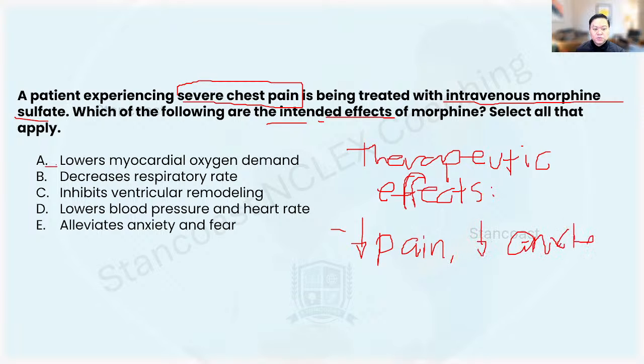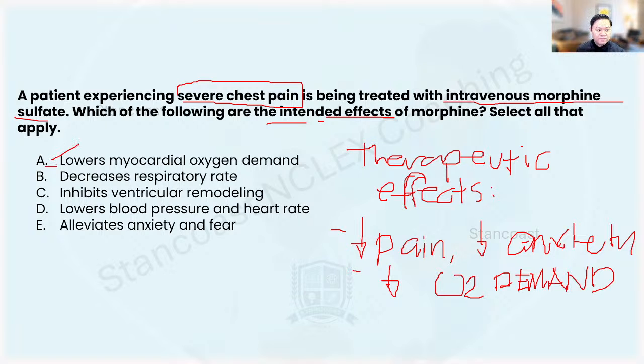It can also reduce the O2 demand. Let me put that here as decrease oxygen demand. Because there is less pain and less anxiety after the medication, because of that therapeutic effect, there will be a decreasing oxygen demand. So letter A is one of those correct answers.